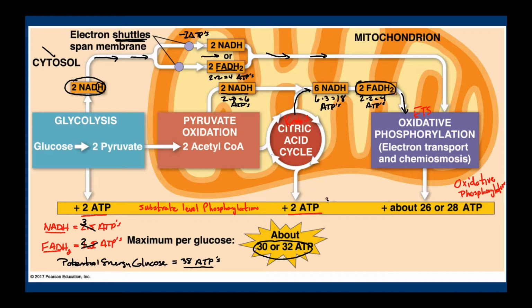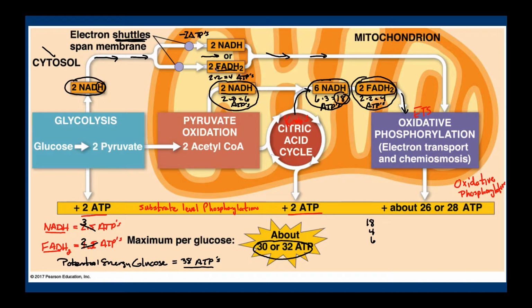So if we do the addition here, we've got the 18 ATPs from the 6 NADHs from the Krebs cycle. We have the 4 ATPs from the 2 FADH2s that came out of the Krebs cycle. We have the 6 ATPs that came out of pyruvate oxidation, from the 2 NADHs that came out of pyruvate oxidation.